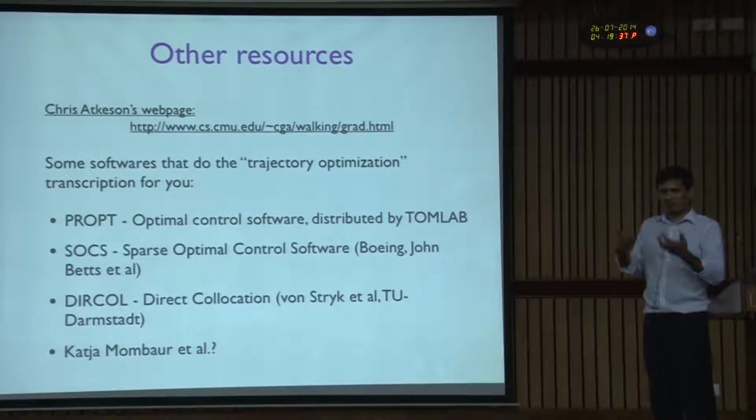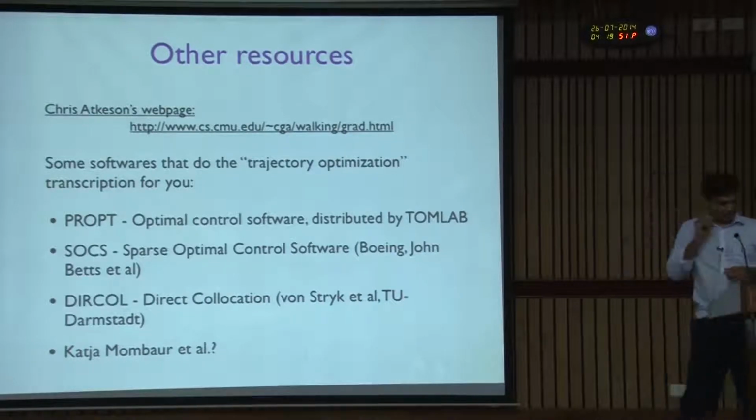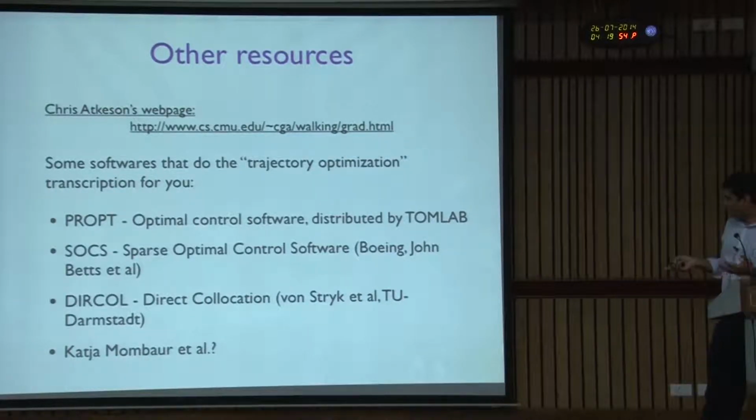In other words, if you express your constraints and your differential equations in some standard manner, they will put together this transcription of your optimization problem, send it to optimization software, and then give you back solutions. I don't know why I haven't used them, but I just feel like I would like more control over the transcription. I think these are all paid software of some sort.